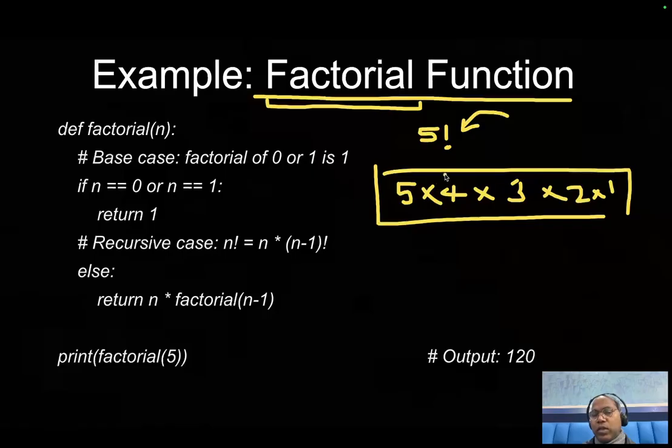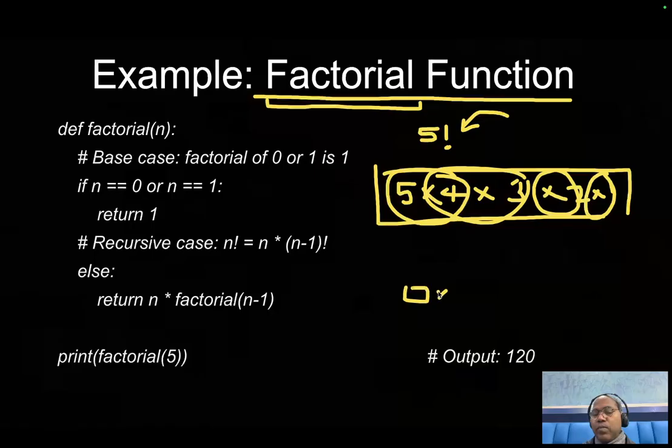You notice what we are doing here: multiply 5 by 4, again multiply, again multiply, again multiply. That means you have a number and you multiply it by the next number, the same action done multiple times.